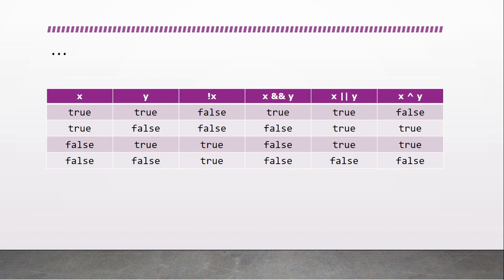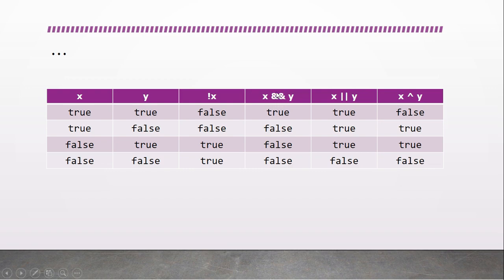Negation of any variable converts it to its opposite value. Like if it was true, it becomes false. If it was false, it becomes true.